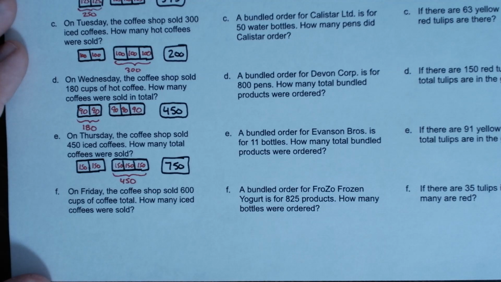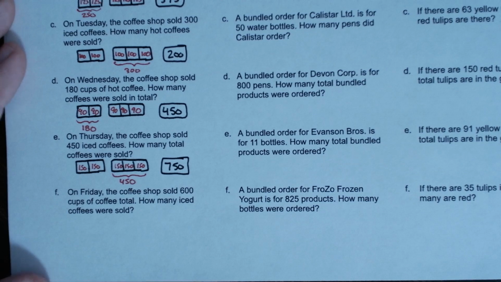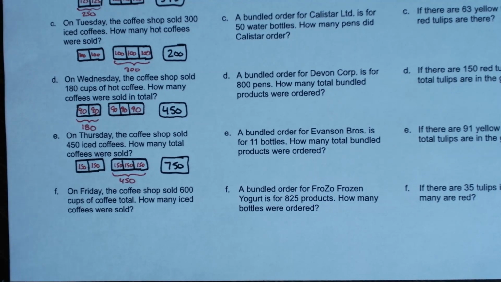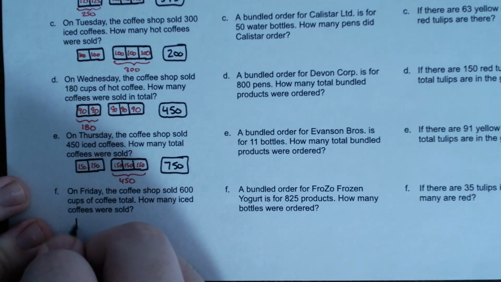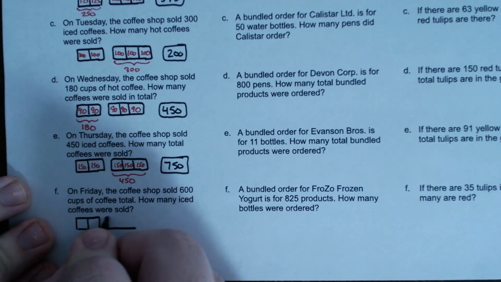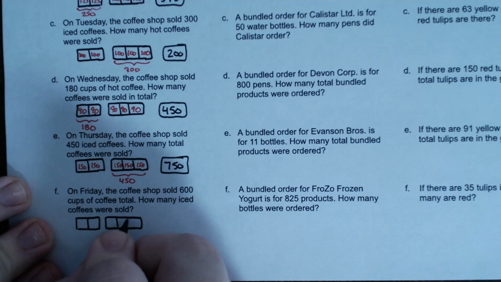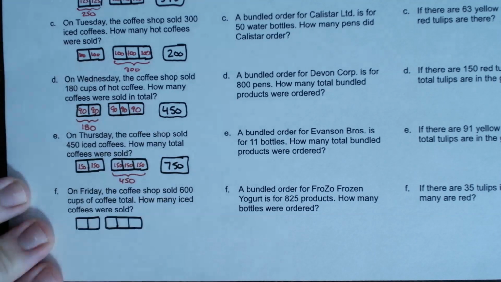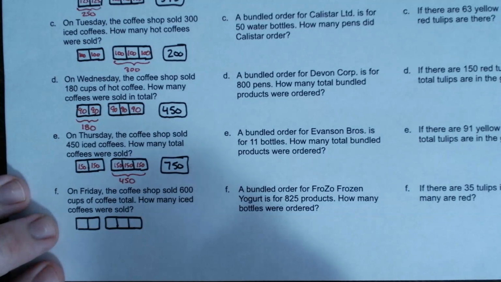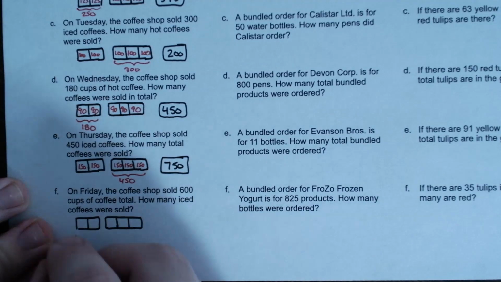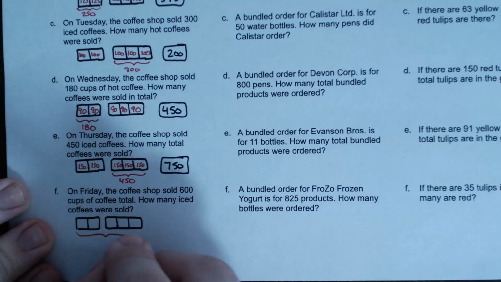And F. On Friday, the coffee shop sold 600 cups of coffee total. So how many of those would have been iced coffee? So using that 2 to 3 ratio, in total, we sold 600.